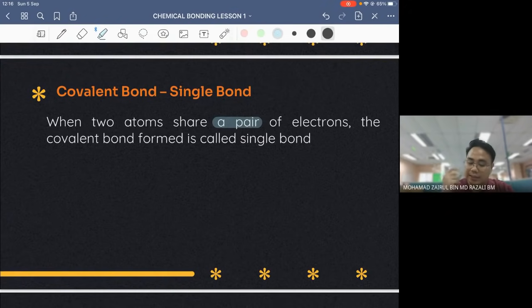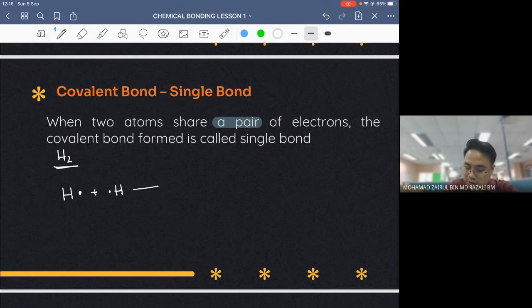For example, the easiest example for the formation of a single bond in a covalent bond is the formation of hydrogen gas. Hydrogen gas is formed when two hydrogen atoms share electrons. We know that hydrogen only has one valence electron.